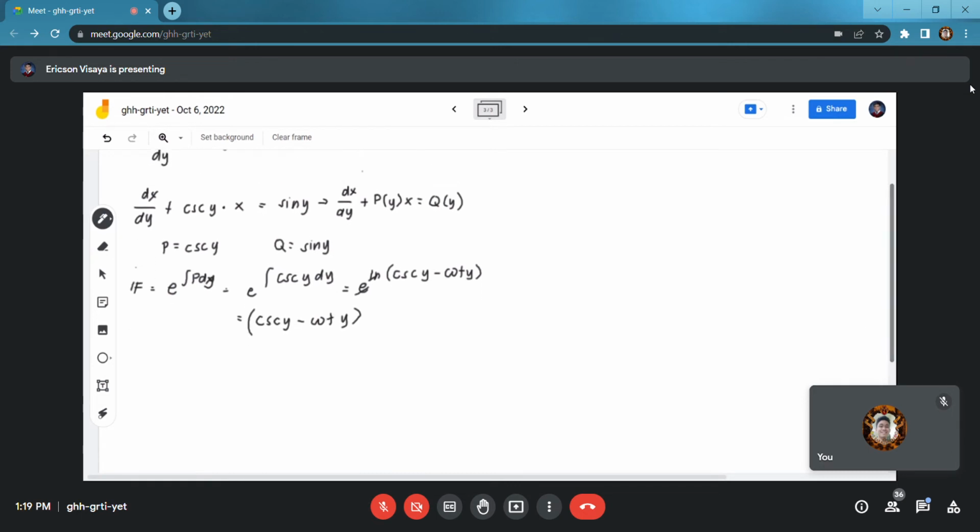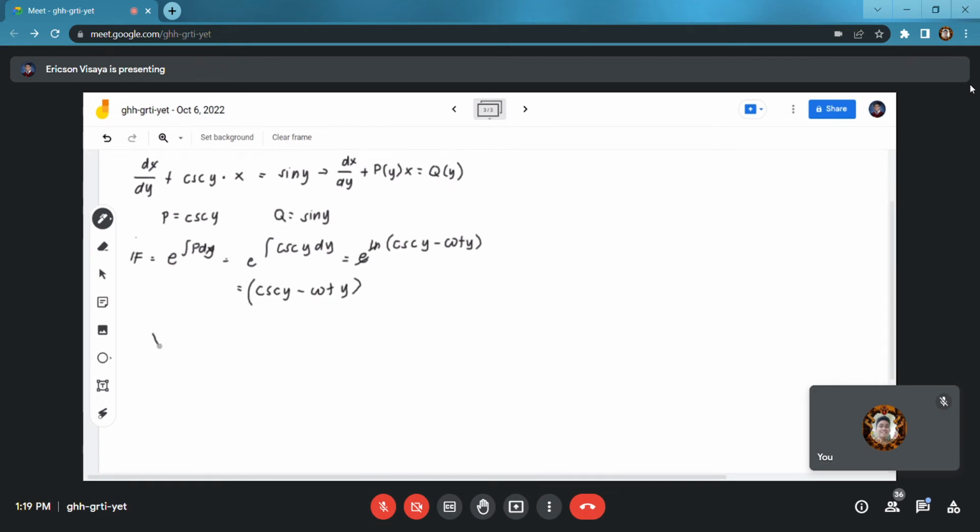The dependent variable is x, so x times the integrating factor, which is cosecant Y minus cotangent Y, is equal to the integral of e raised to the P dy times Q, where Q is sine Y, dy plus c.